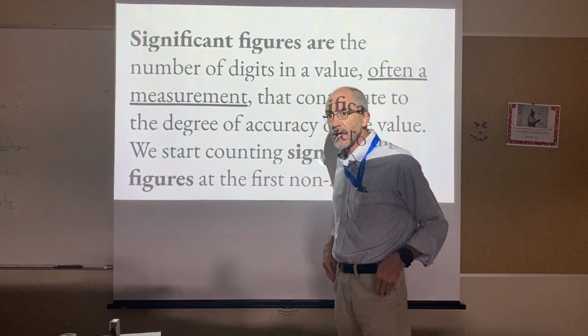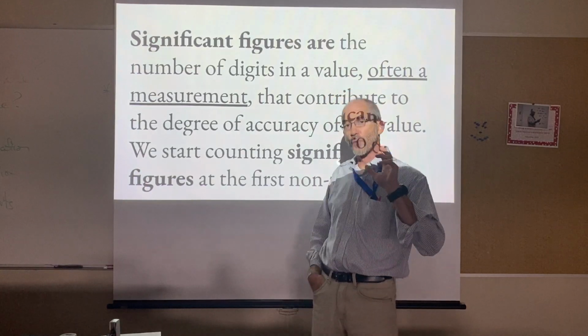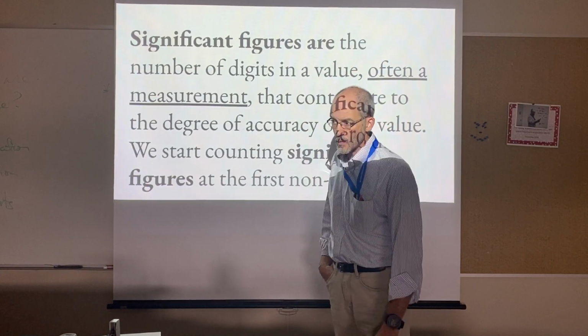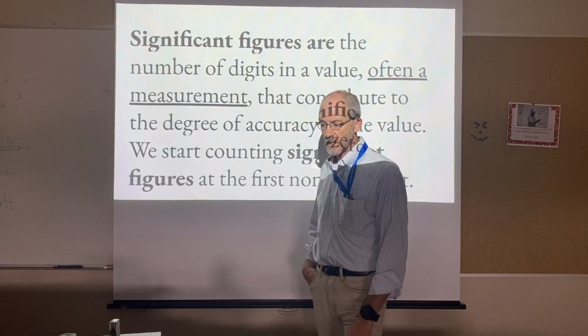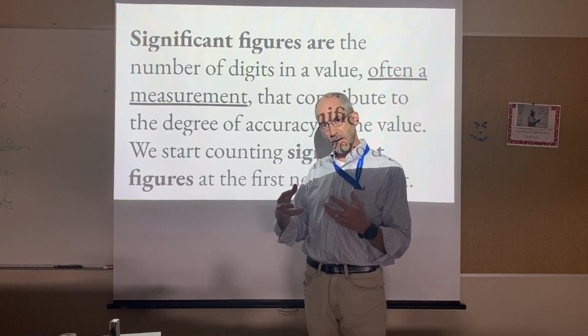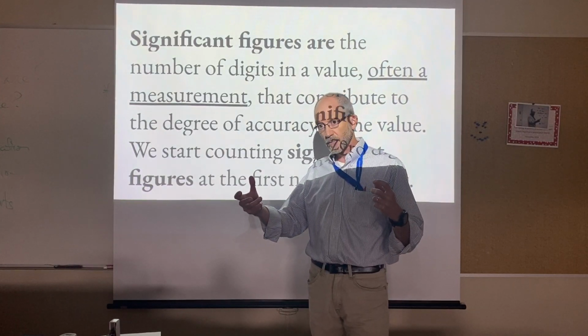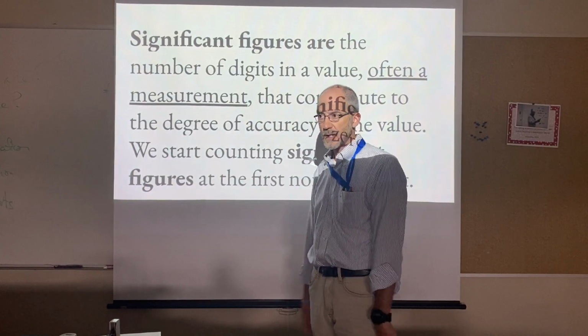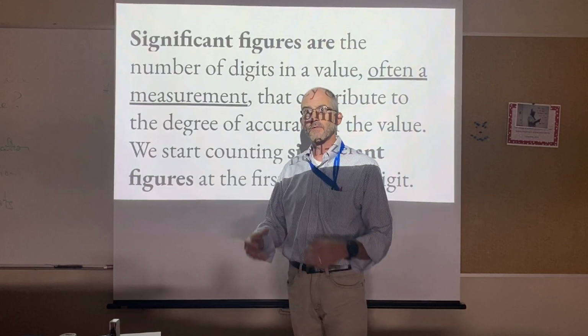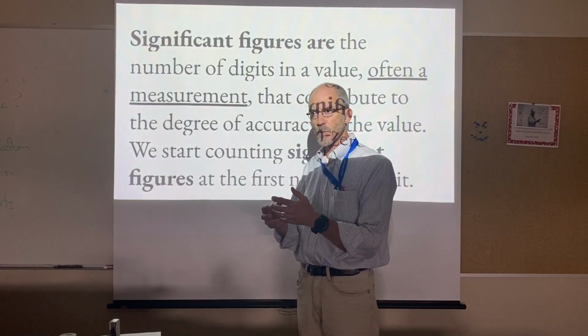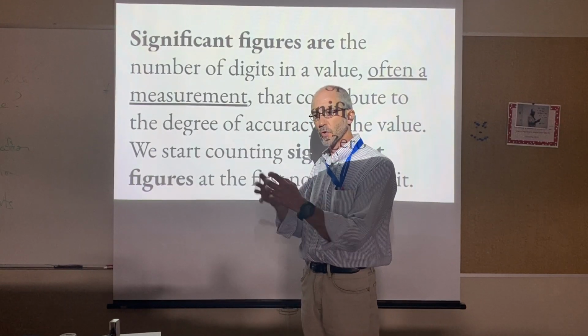Before I even get started, I'm going to remind you that we have learned that precision and accuracy don't necessarily mean the same thing. We can have a good degree of precision, in other words, we can get the same measurement multiple times.